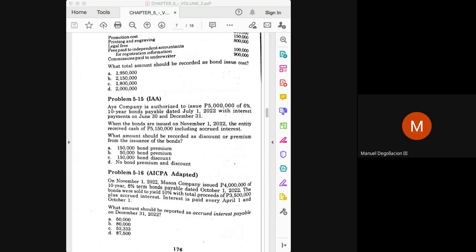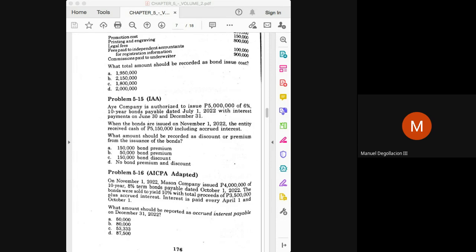Now, if interest payments happen on April 1 and October 1, and the note is dated October 1, and we are currently on November 1, as of November 1, the last interest payment date must have been October 1.